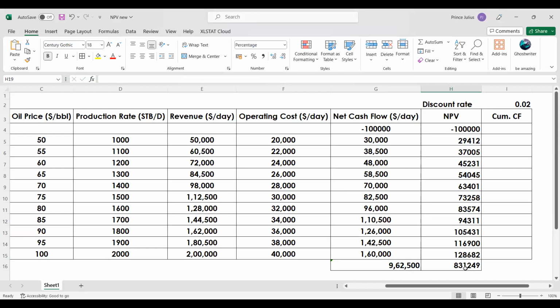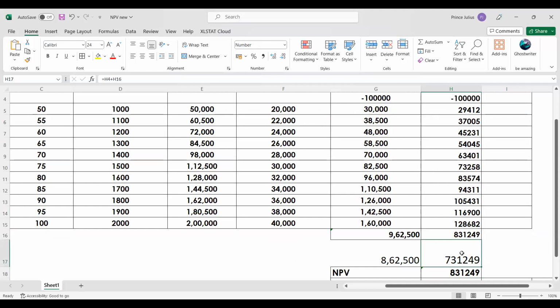So here we are going to estimate based on the target years, like time. You have 11 years. Of course, in this project you're getting a positive value. But imagine there are certain projects where the values I have estimated will become negative, meaning we don't know when we will start seeing profits. Here we have a huge profit, 7,31,249.